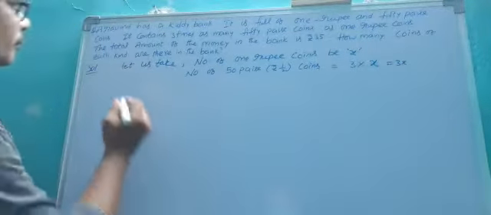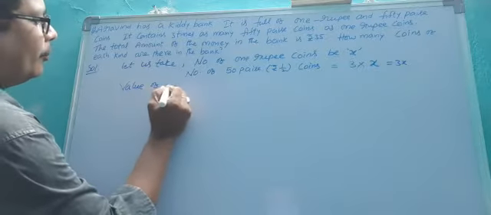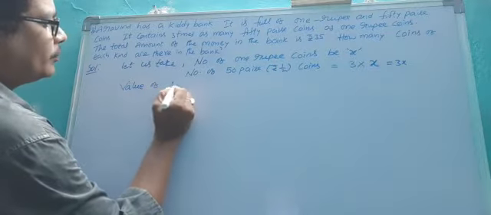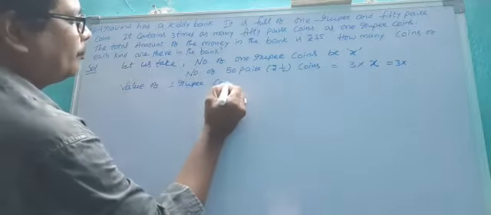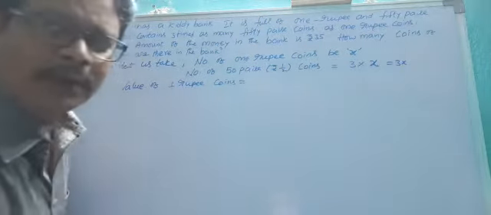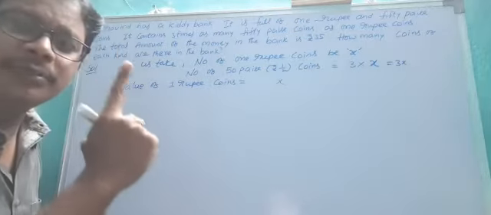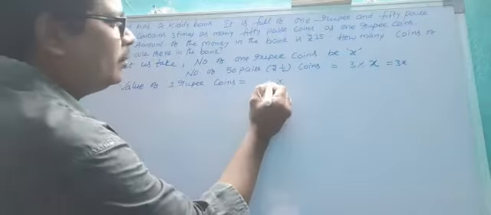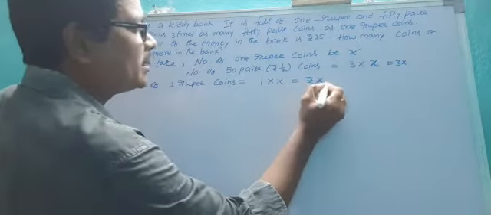Value of 1 rupee coins: how many 1 rupee coins are there? x. Each coin's value equals 1 rupee, so 1 into x equals x rupees.